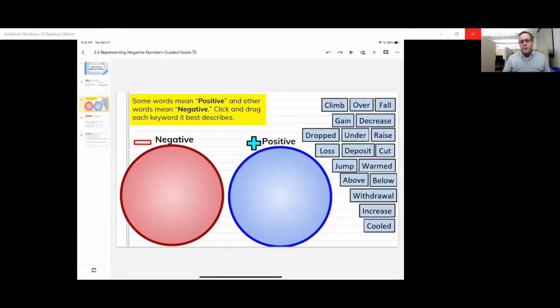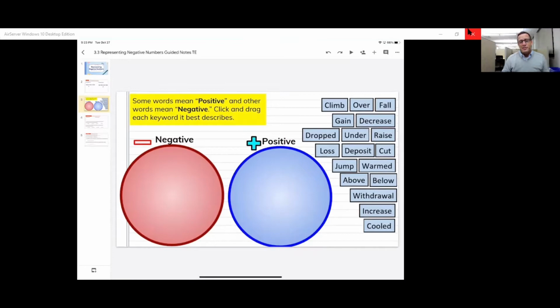All right, on this next part right here, what I did was I just kind of put together a bunch of words, not necessarily a word wall, but a lot of words here that you can basically drag over and just figure out where do they go, like what do they mean? So we have two groups right here. We have negative and we have positive.